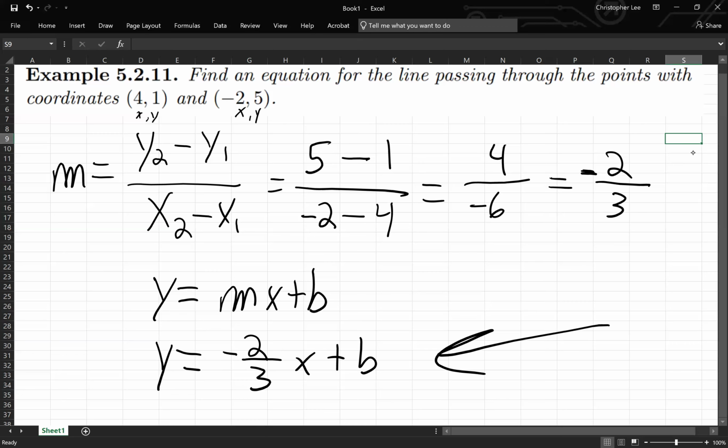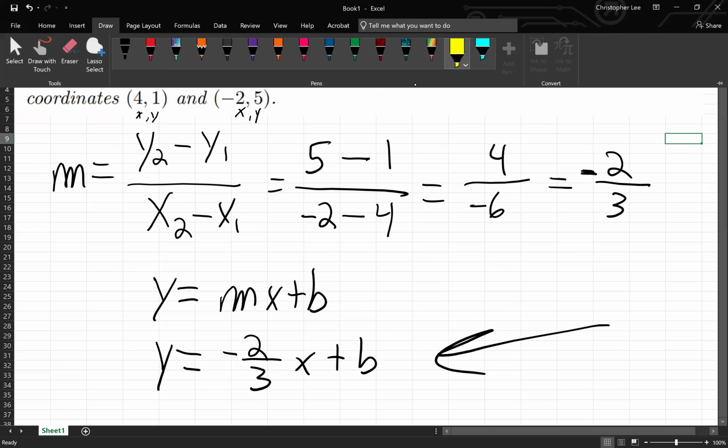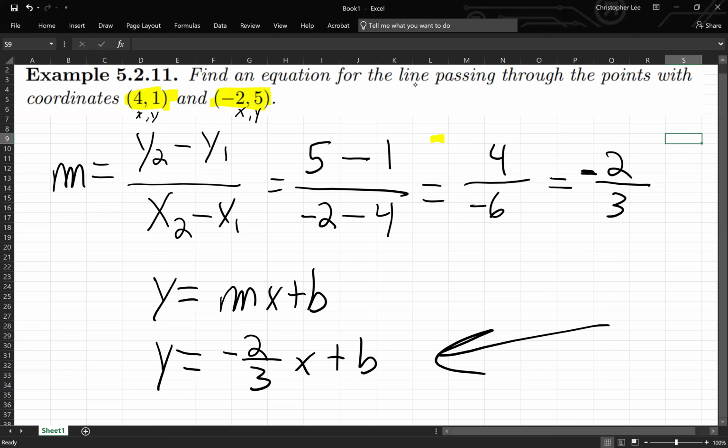Which one am I gonna plug in? I have 2 points here. Are we supposed to plug in y or x? Both.